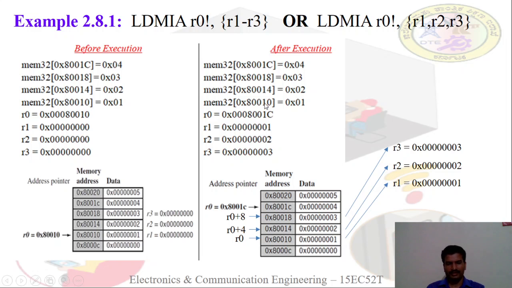But in this case R3 is loaded first, then R2, then R1. So why is it so? This is simple to answer. Whenever we put data inside memory using multiple load store instructions, please remember these things: at the lowest address always the lowest register is loaded, and at the highest address always the highest register is loaded.